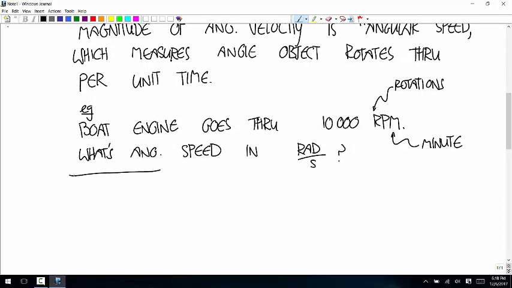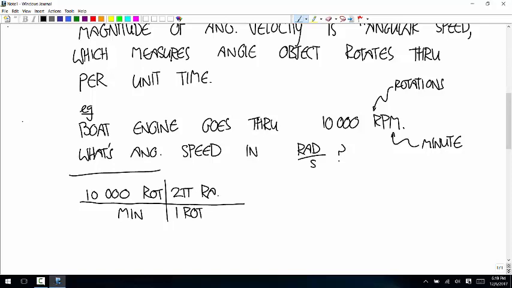Well, every rotation is 2 pi radians, a full time around. So I'm going to write it as 10,000 rotations per minute. One rotation is 2 pi radians. And 1 minute is 60 seconds.